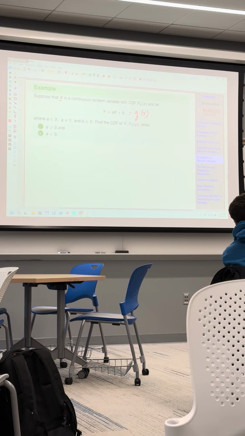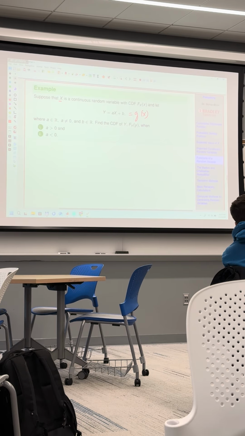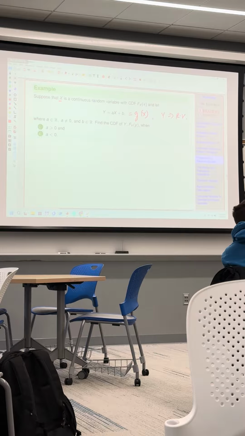Now g of x is known, and when x is a random variable, therefore y is a random variable. Here a is a real number, an element from the set of real numbers, a is not equal to 0, and b is also a real number. Find the CDF of y, F sub y, when a is greater than 0 and a is less than 0.